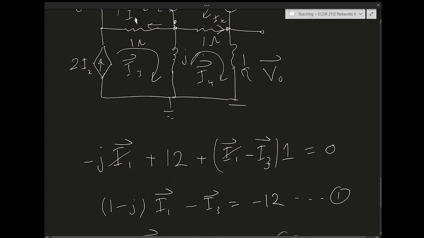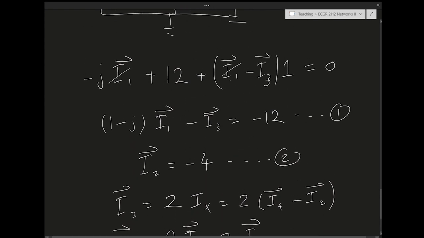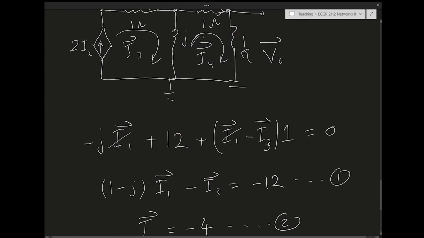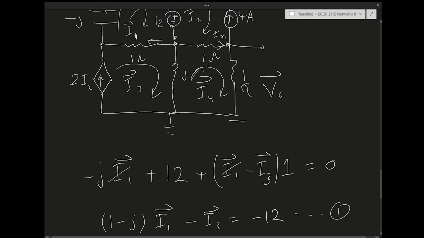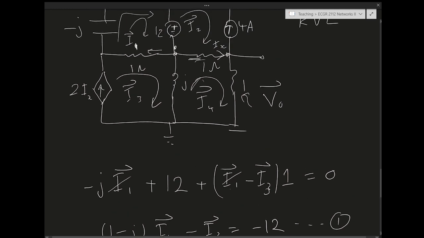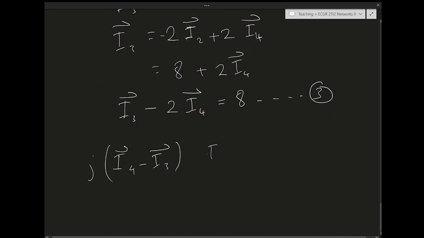So I end up with I4 minus I3 times j. That's KVL. And then in the upper 1 ohm resistor here, what do I have? I have I4 minus I2 times 1.